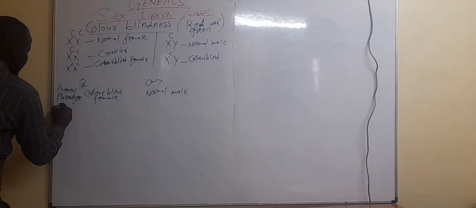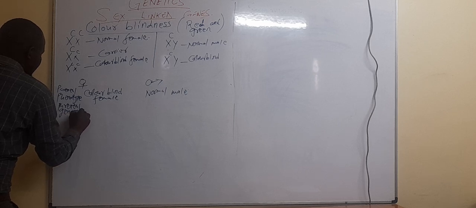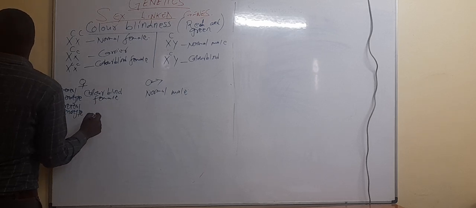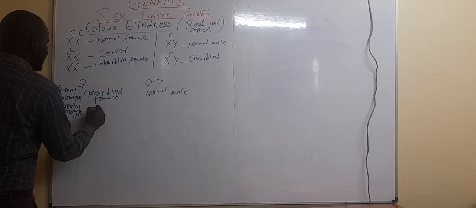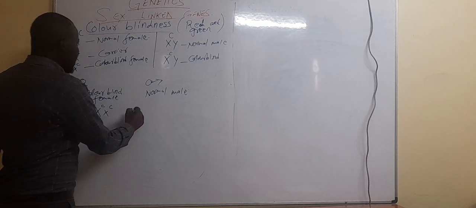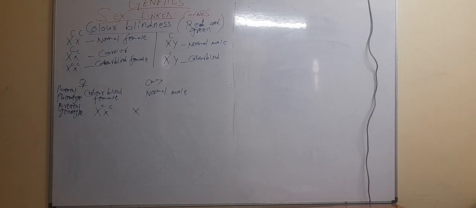Then we have our parental genotype. For the colorblind female, it will be X small c, X small c. Then you do a genetic cross, but today let's use a Punnett square.